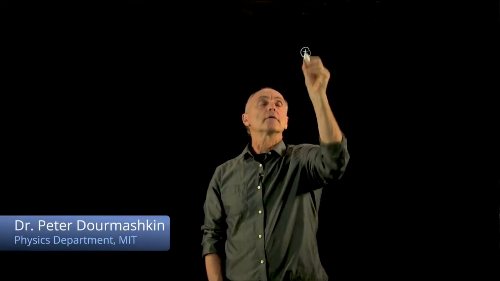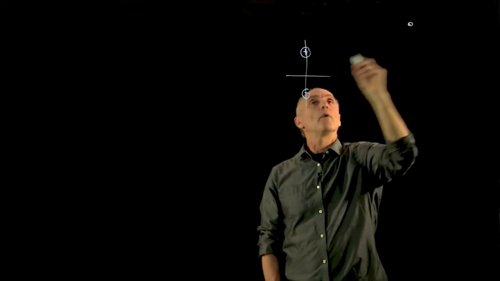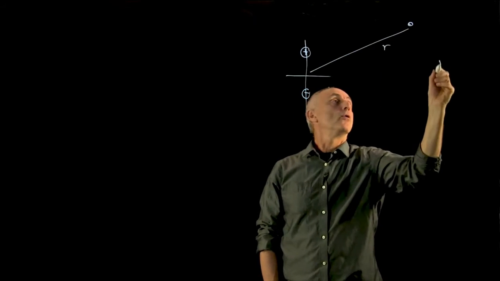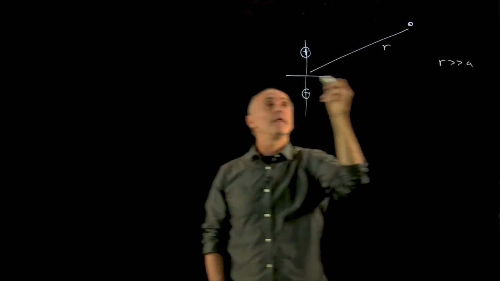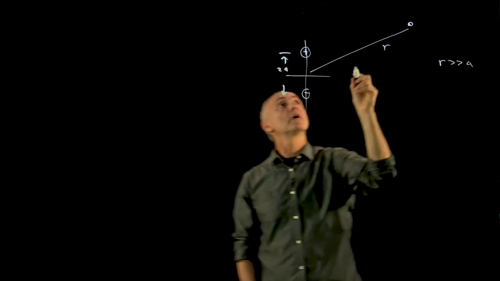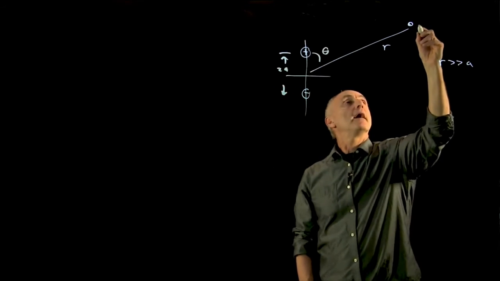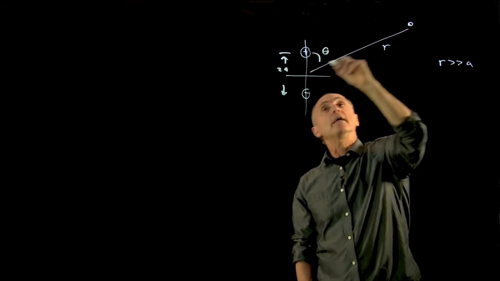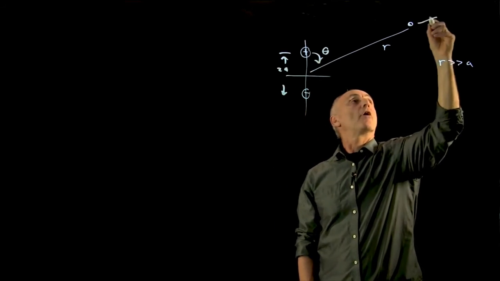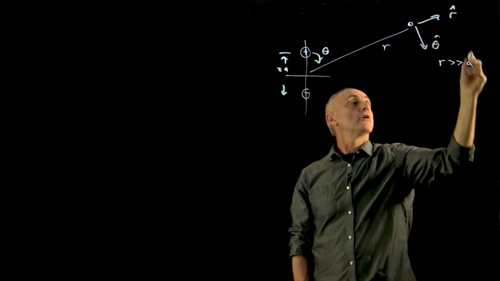For our electric dipole field, when the distance r was much greater than the distance 2a between these two charges, we introduce an angle theta, and because of that, we have our r hat and our theta hat directions.